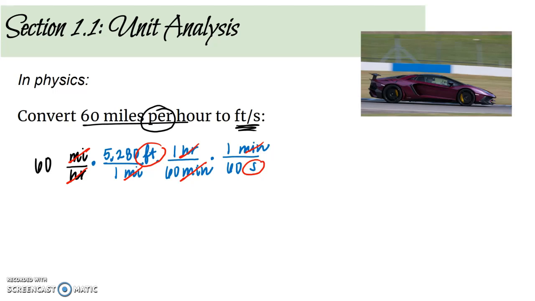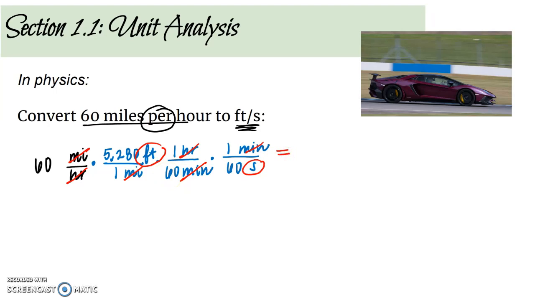Now this just becomes a multiplication and division process. I'm going to multiply the values across up top, so 60 multiplied by 5,280, and then I'm going to divide by what's below, so 60 and 60. Go ahead and try plugging that into your calculator, and I'll do the same thing.